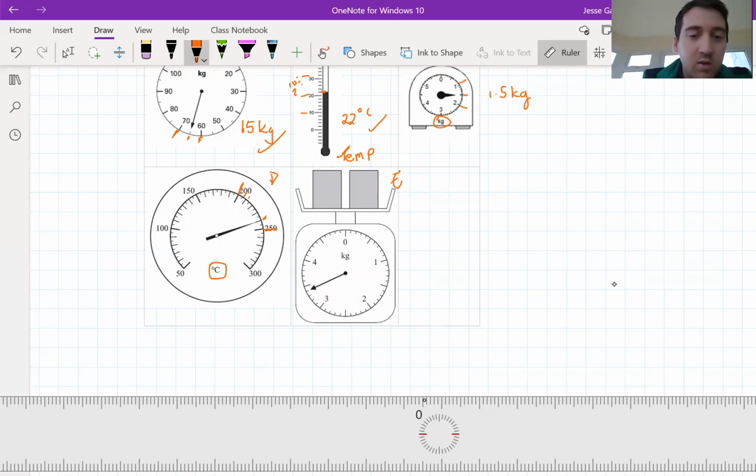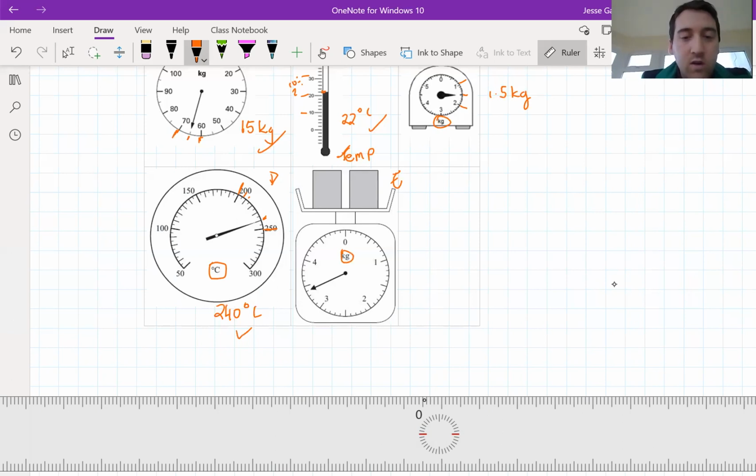So this is going to be 240 degrees Celsius. Well done if you got that right. If you said something else, what might you have said there? We said 235 or 245, then I think that's just a case of not looking carefully enough at the scale.